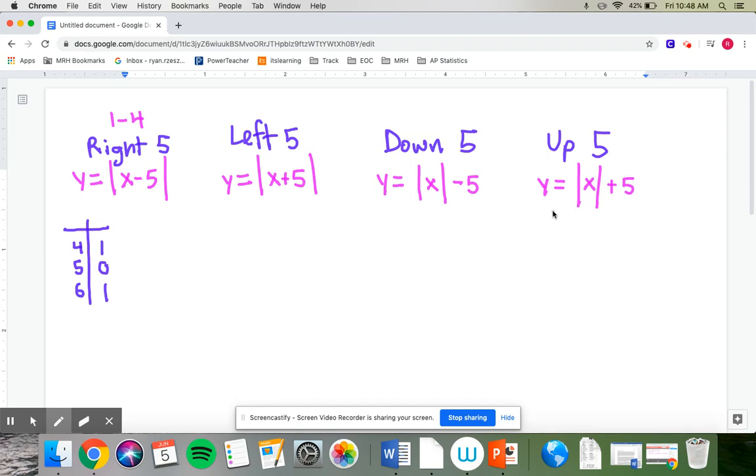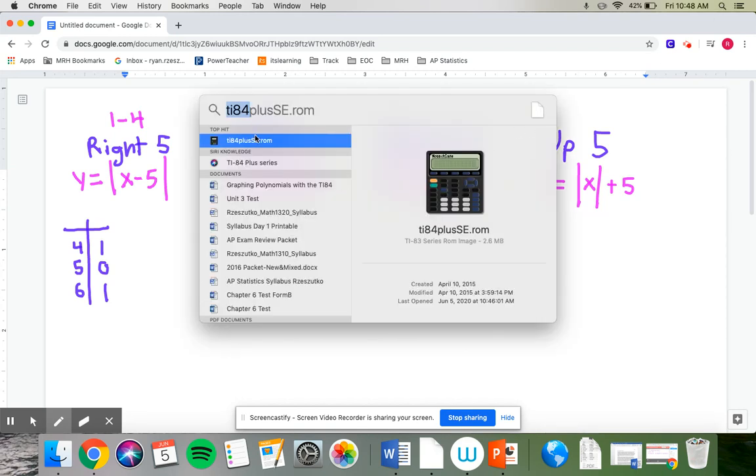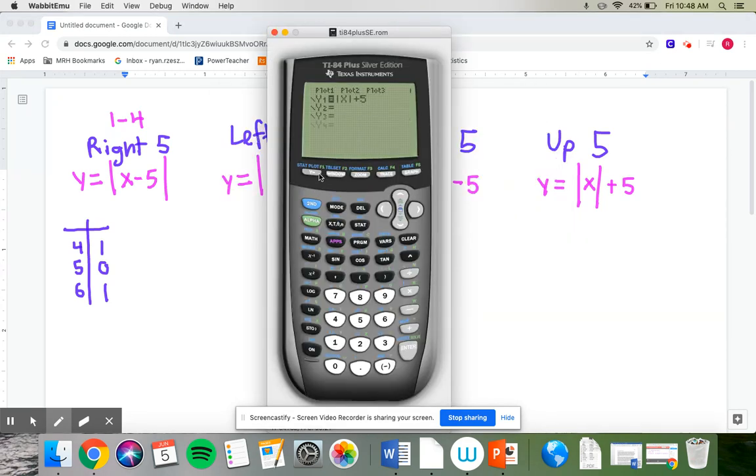There's one more thing I need to show you guys before I give you the shortcut. And this ends up being very easy once you learn what's going on. Instead of adding or subtracting a number, I want to multiply by a number. So I'm going to put a 5 on the outside of my absolute value graph. If I do that, you guys saw how the old graph was a lot wider, like this.